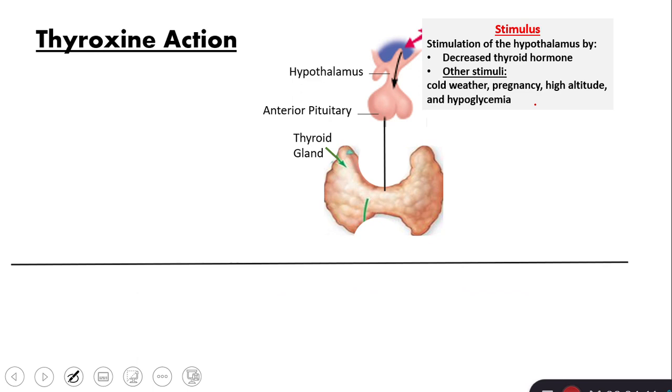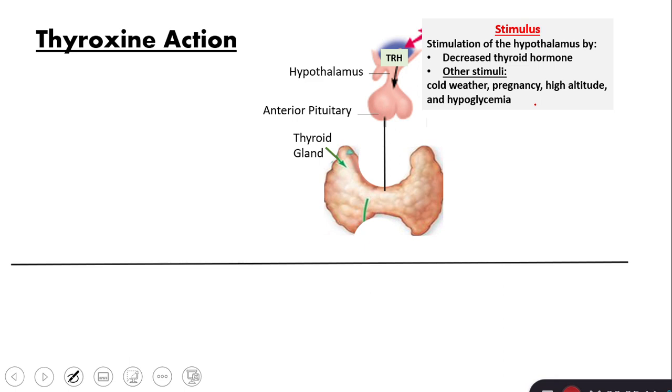The stimuli for production of the thyroxine can be low thyroid hormone in the blood. So this is going to, by negative feedback, stimulate the hypothalamus to release TRH, thyroid releasing hormone. Also pregnancy, high altitude, hypoglycemia, all of those are stimuli that need your metabolism to be increased.